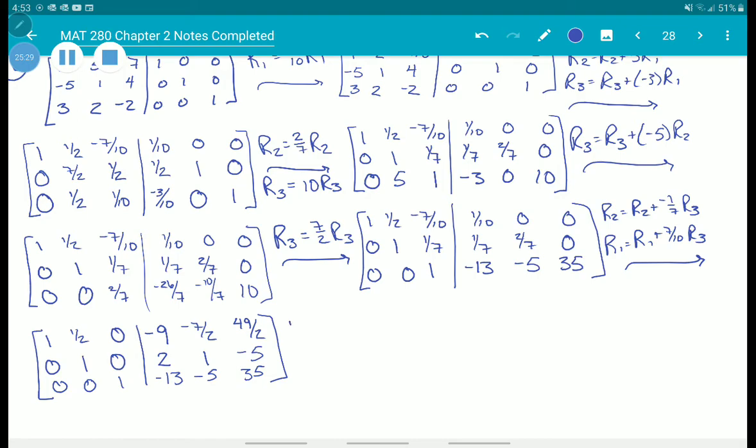So now we're going to have row 1 equals row 1 plus -1/2 row 2. And if I do that, that's going to give me the identity here. I'm just going to write I3.